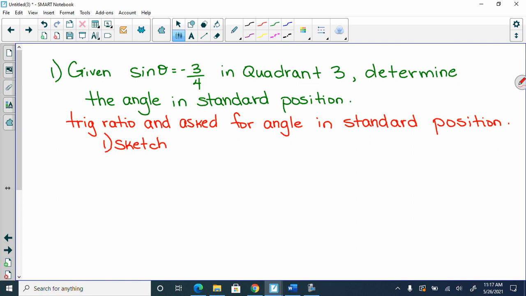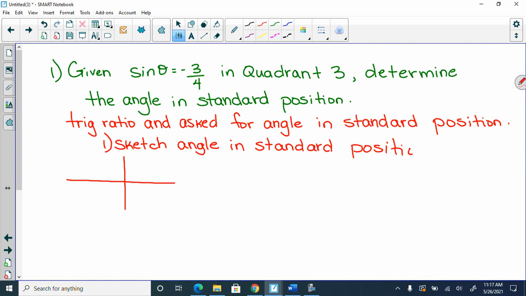So we need to sketch the angle in standard position. Is it going to be accurate? No, that's why I wrote sketch. I don't even know what the reference angle is, so this is going to be very sketchy. That's fine. We don't need it to be perfectly accurate. We can either erase and make it accurate, or we can just leave it not accurate. So we need to sketch the angle in standard position.